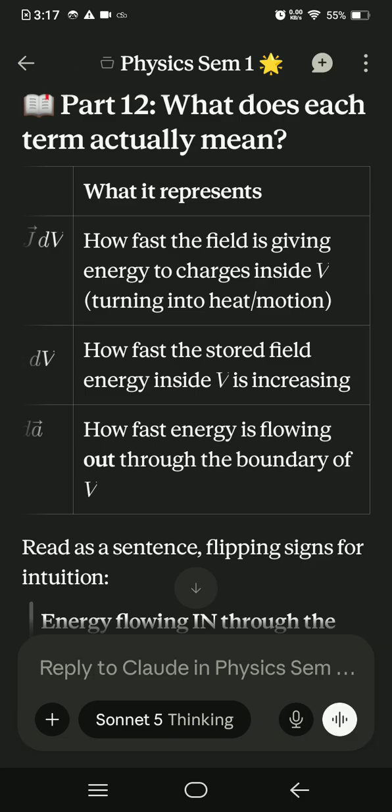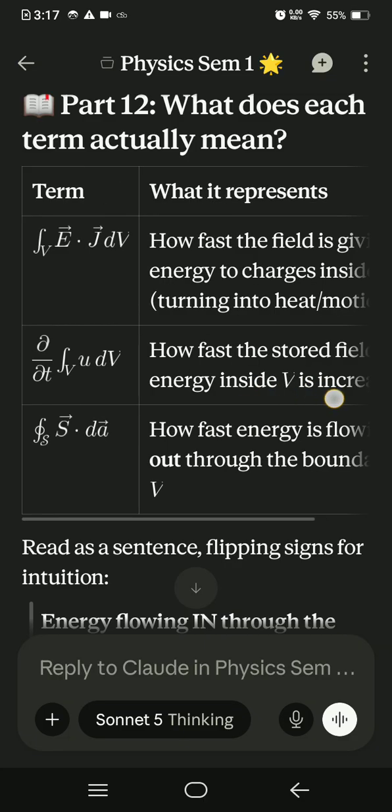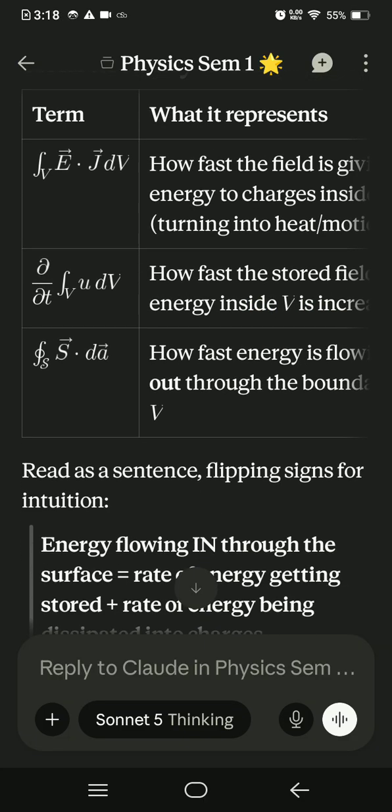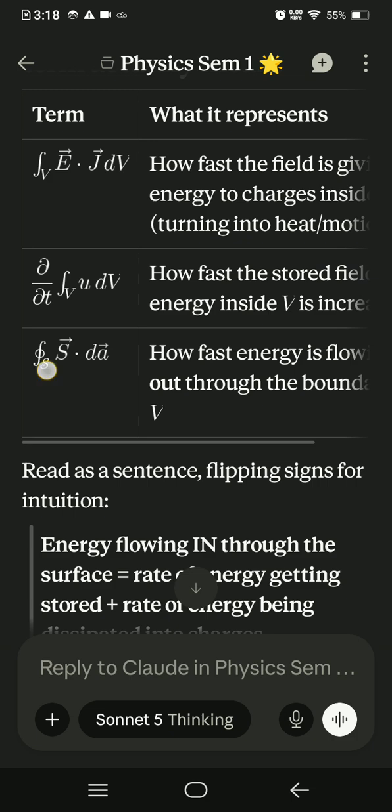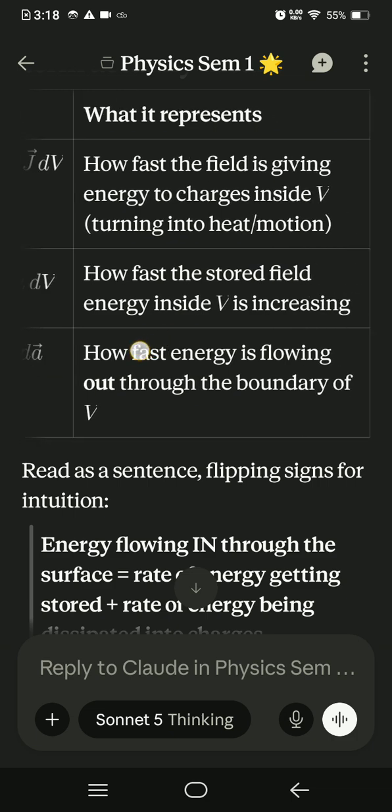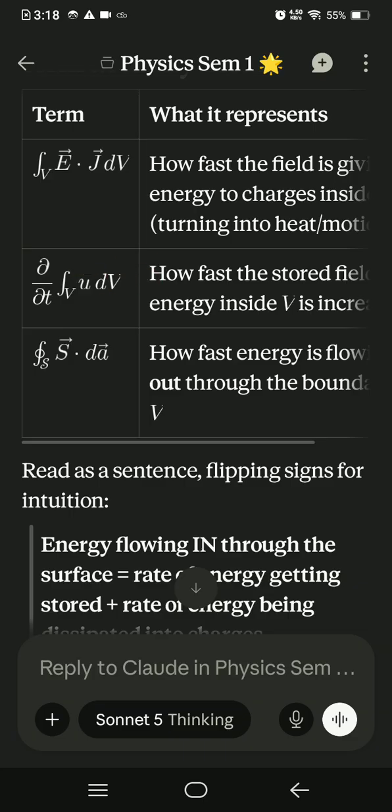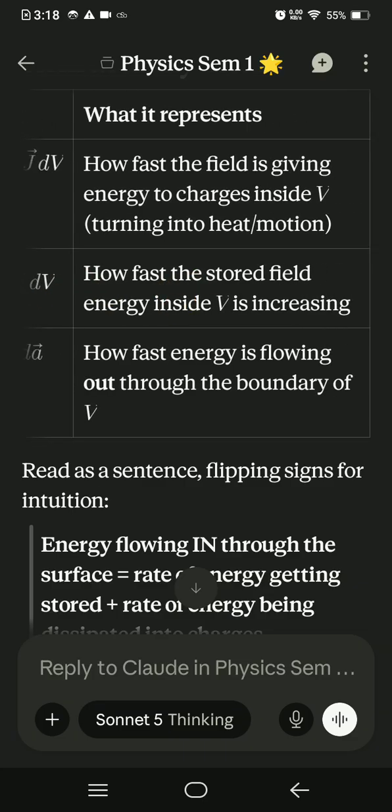And this S dot dA becomes how fast energy is flowing out through the boundary of V. So the energy flowing out, and the energy that's increasing inside that volume, stored, is how fast the stored field energy is increasing.